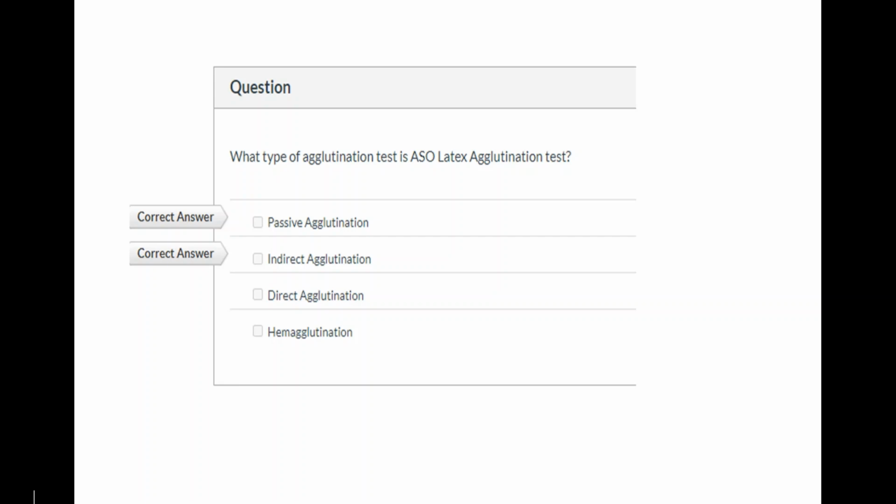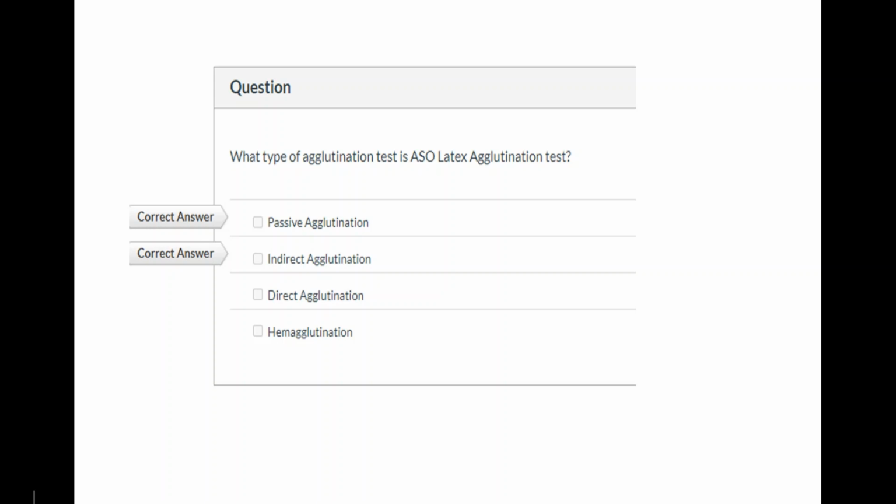What type of agglutination is ASO latex agglutination? We have already discussed this, that ASO latex agglutination is an indirect agglutination. Indirect agglutination is also known as passive agglutination. This is referred to as indirect agglutination because the antigen here, which is in the form of streptolysin O antigen, is synthetically incorporated to the carrier particle, which is in the form of latex particles.